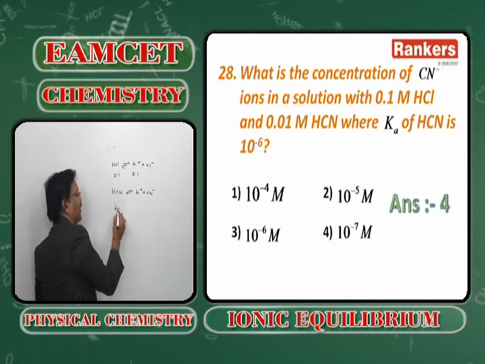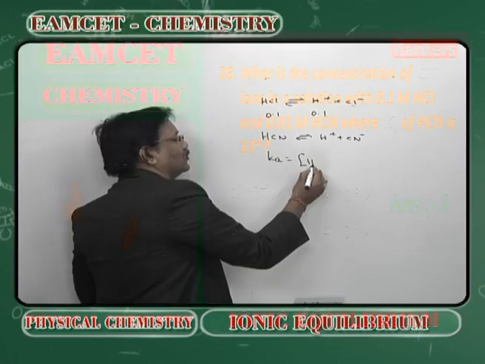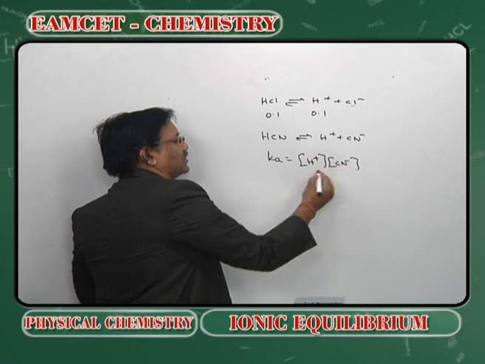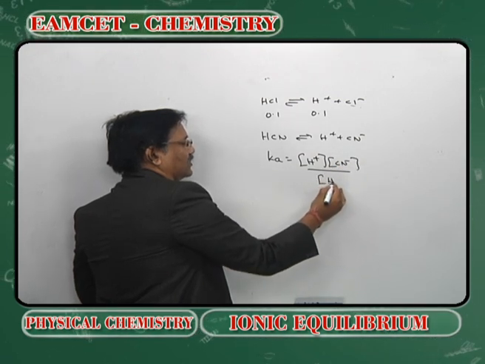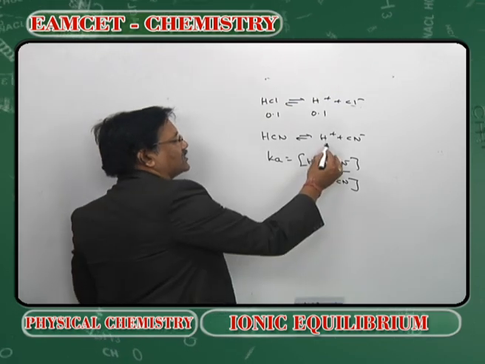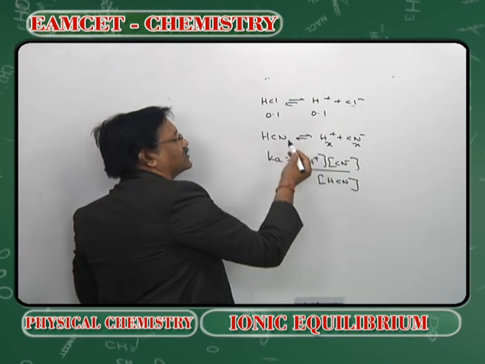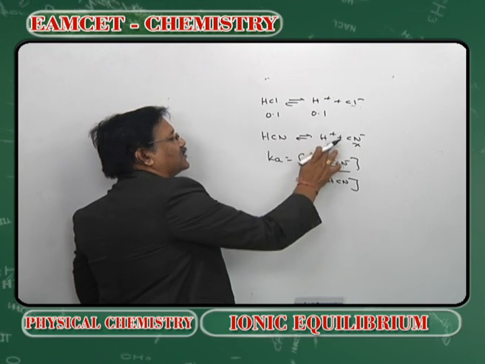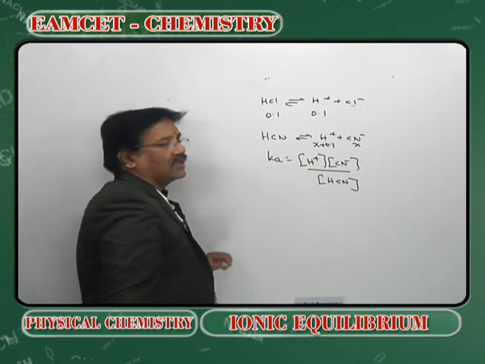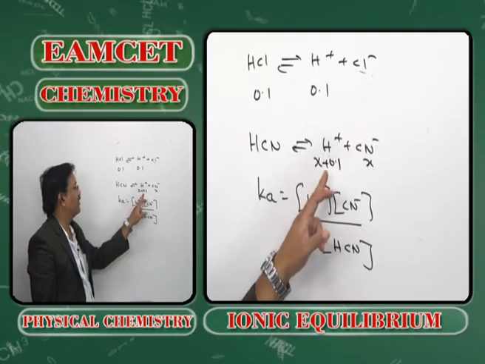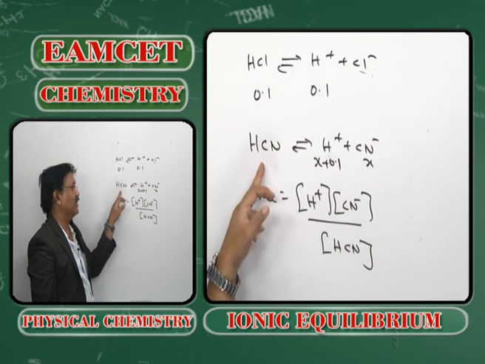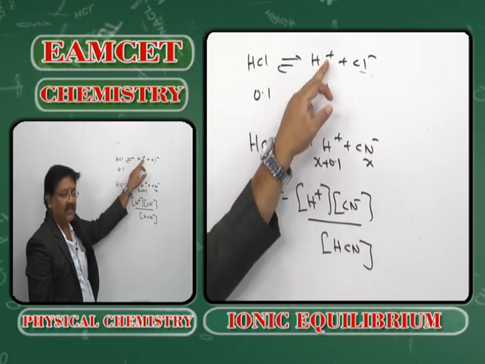Applying Ka, Ka is equal to H plus into CN minus by HCN. Here this is X and X. But what can be the H plus ion concentration? X plus 0.1. Why X plus 0.1? X is from HCN and 0.1 from the H plus ion.